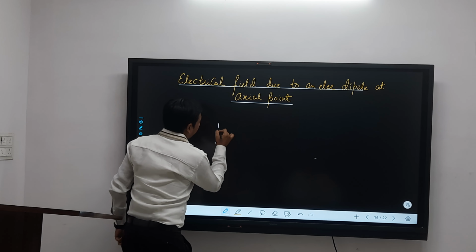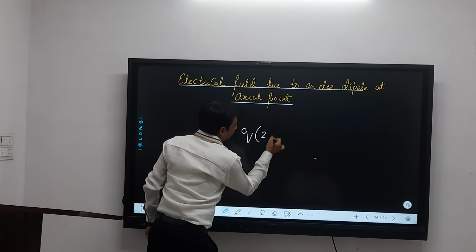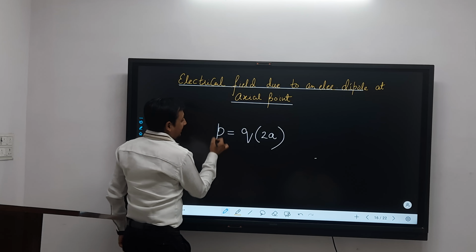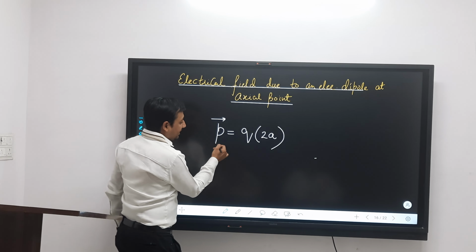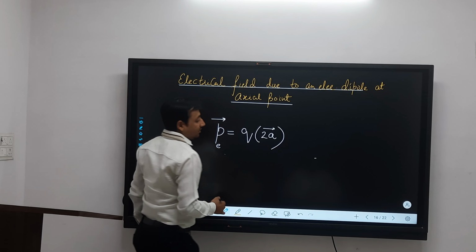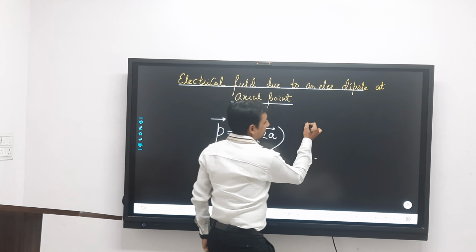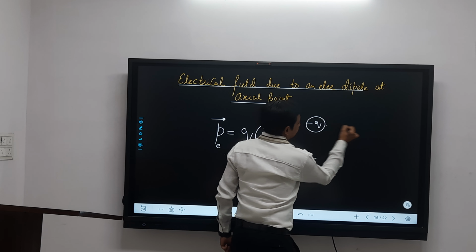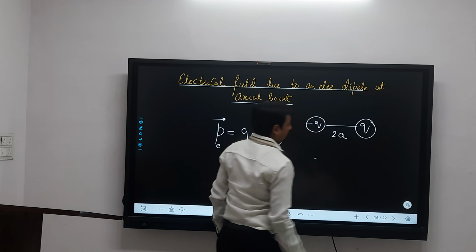The dipole formula is P equals q into 2a, where P is a vector quantity called the electrical dipole moment, q is one of the charges, and 2a is the displacement vector, the distance between the two charges.